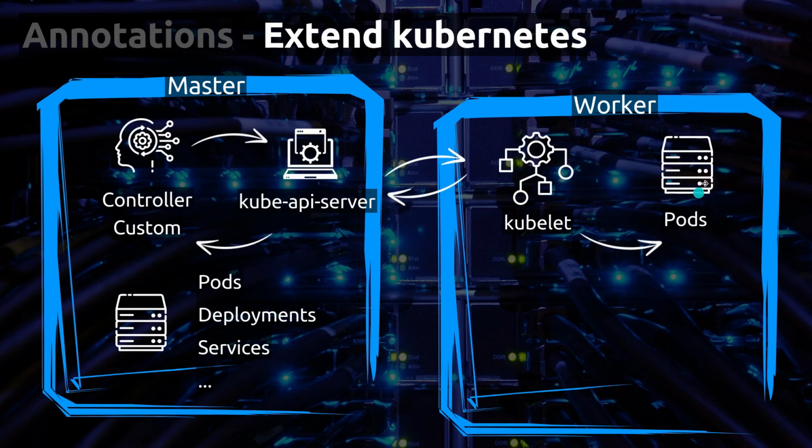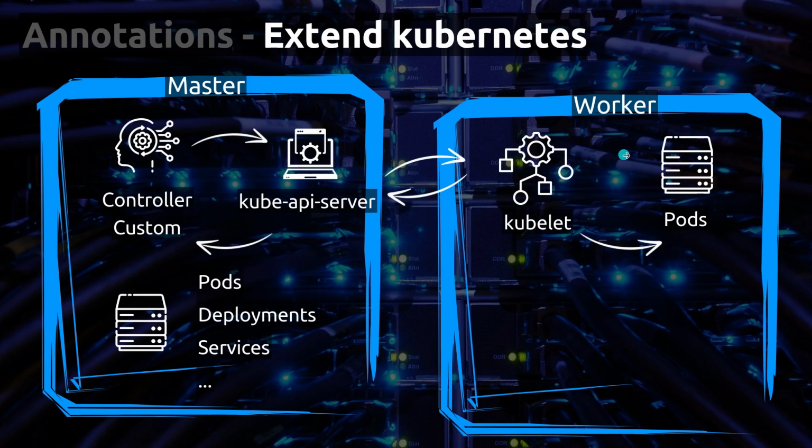If you put an annotation on some pods, for example, you can have a controller inside your Kubernetes cluster, and when you change the annotation of a pod, that can be pushed through the kube API server into etcd, and that can be watched by what we call a controller, which watches forever inside the kube API server any change about what it wants to handle.